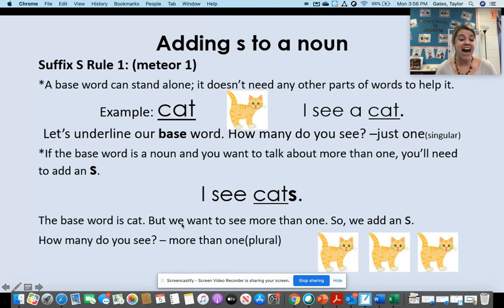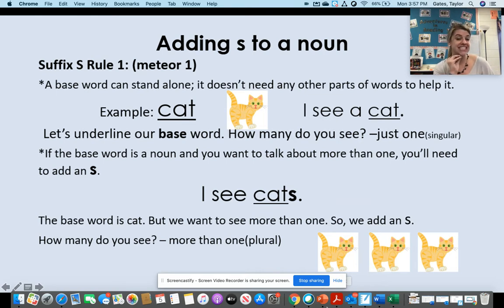It says, I see cats, which means that the base word is cat, but we see more than one down here. So we're going to add an S to the end of the word. How many do we see? More than one. So we add that S.